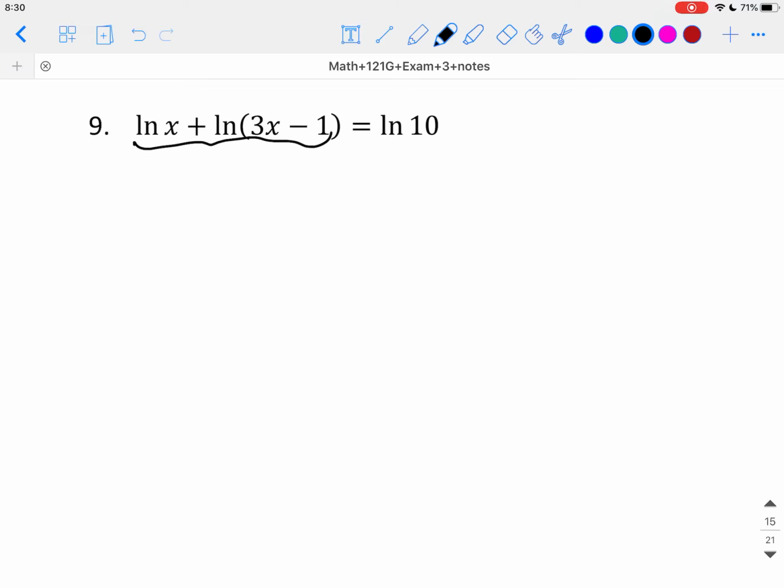But before we do that, we have to combine these. When you have two logarithms with the same base, which in this case is e, and you're adding them, you can combine them by writing them as a multiplication. This is going to be the ln of x times 3x minus 1 is equal to the ln of 10.